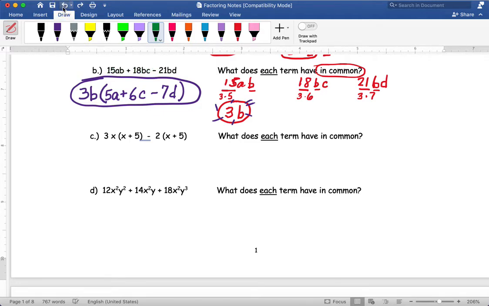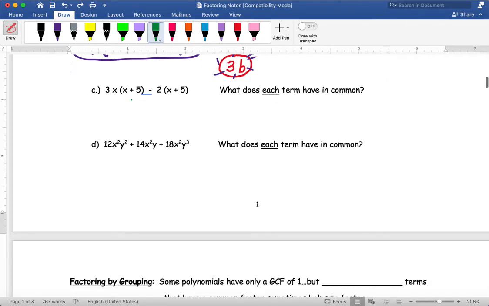Okay? So when I look at example C here, right here is my subtraction. And here is my first term, and here is my second term. And now I'm asking you, if you see it that way now, what do these two terms have in common?